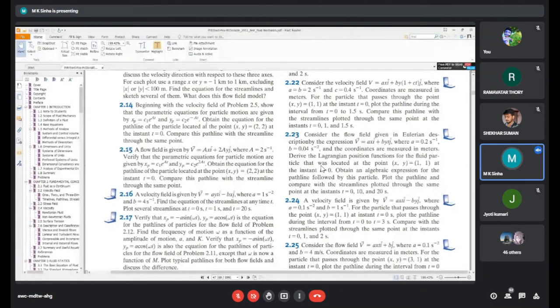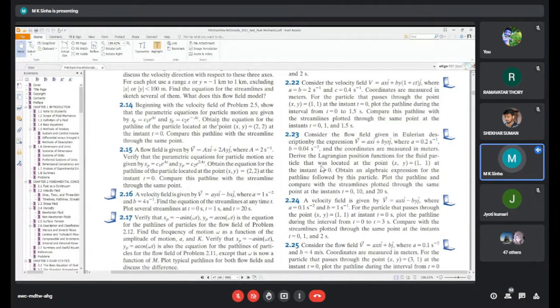So the parametric equations for the particle motion are given: xp equal to c1 e to the power at, and yp equal to c2 e to the power minus at, e to the power minus at, not 2 at.